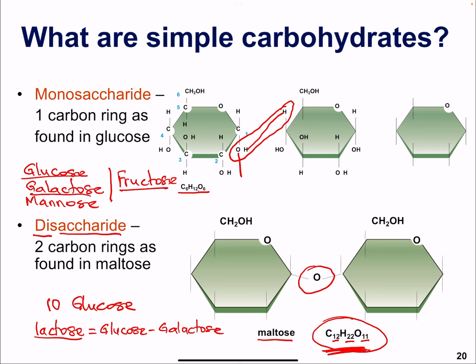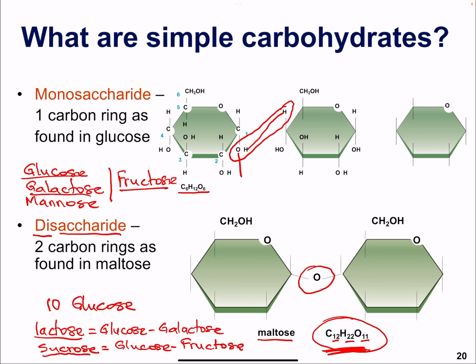Another example I want you to remember is sucrose. Sucrose is table sugar. Table sugar is simply glucose to which fructose is attached. This is another example of a disaccharide.